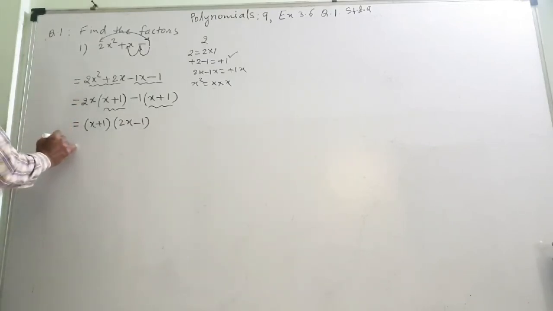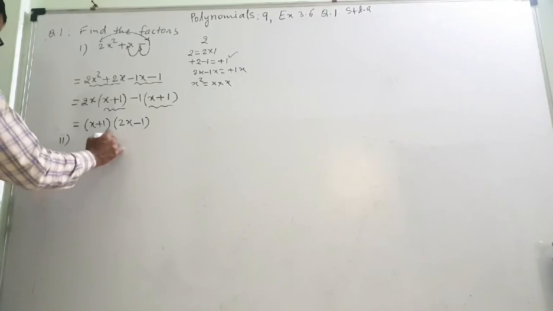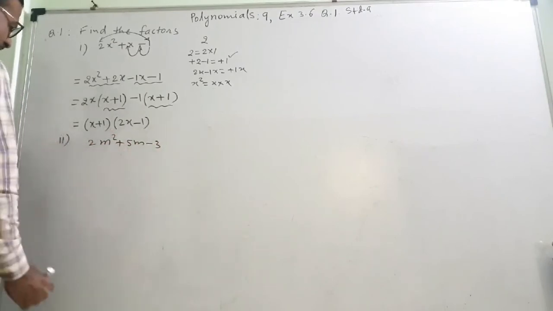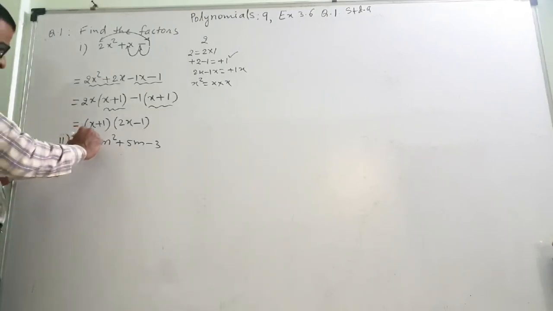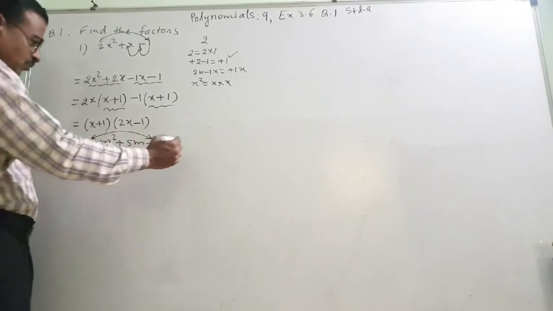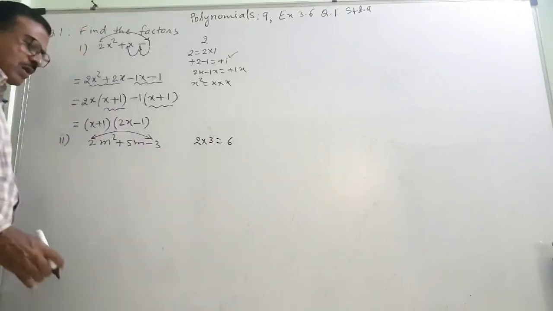Then the second one. Second one is 2m square plus 5m minus 3. Here also I will do the multiplication of these two. This and this. 2 into 3 is equal to 6.